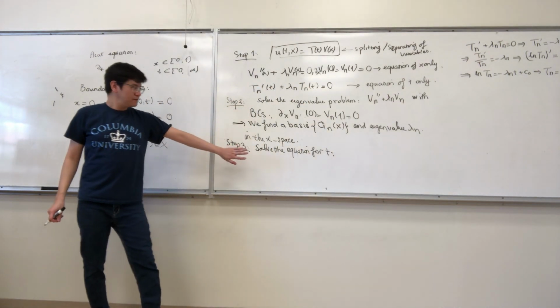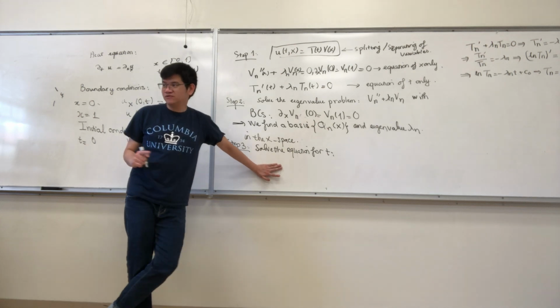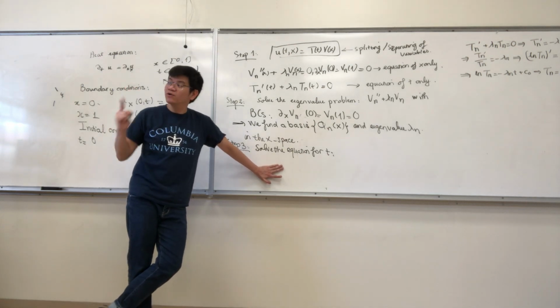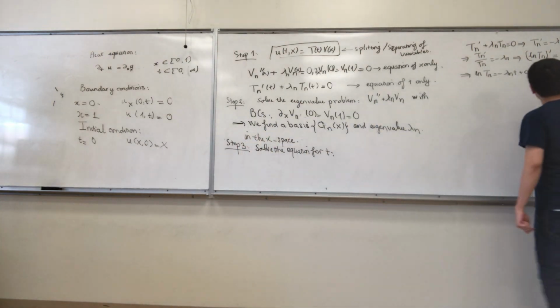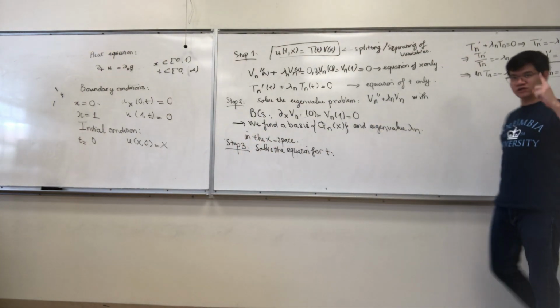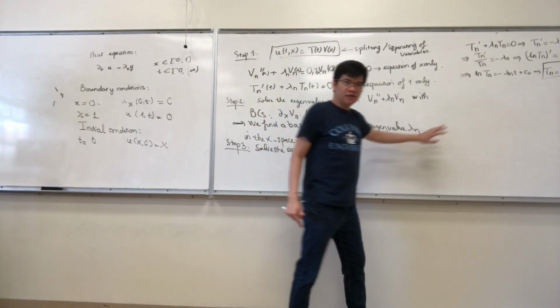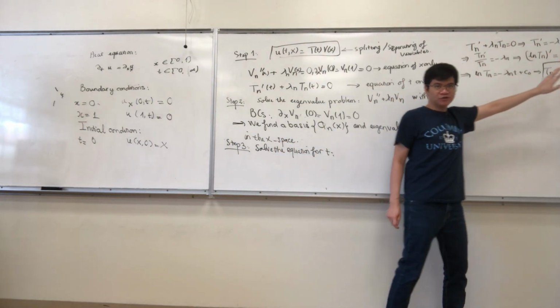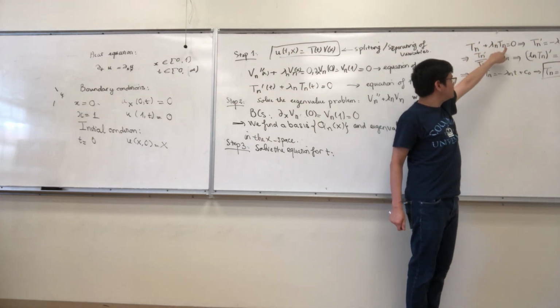So in the previous class, we know how to solve the equation for t, right? So the equation for t has only one kind of solution, right? So I explain again. For the equation for t, this is a first order differential equation. Tn prime plus lambda n Tn is 0, right?